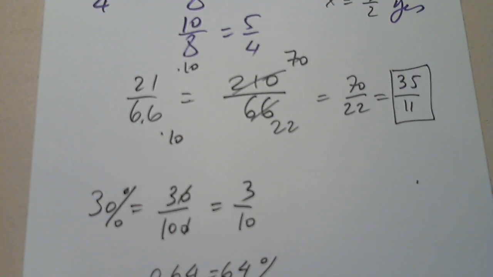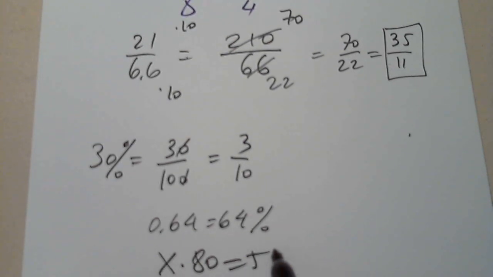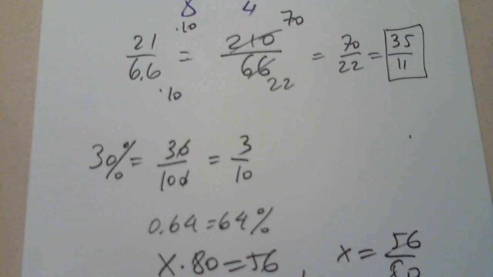What percent of 80 is 56? So x equals 56 over 80. All I have to do is use the calculator and divide 56 by 80. And I get 70%. Done.